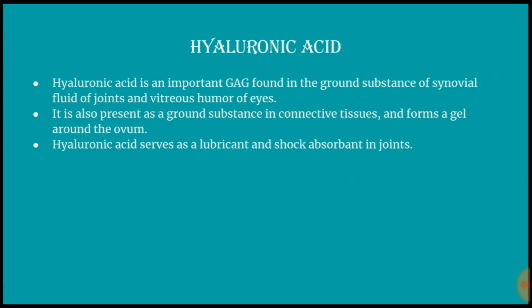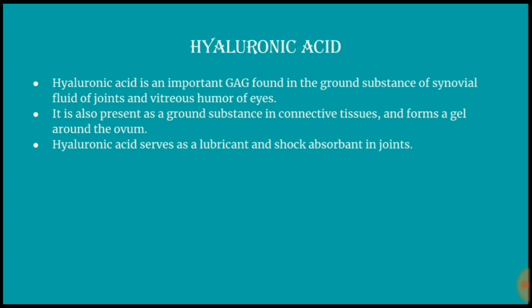Moving to the hyaluronic acid. So hyaluronic acid is an important GAG and it is found in the ground substance of the synovial fluid of joints and the vitreous humor of eyes. So it is found in the joints. So you have heard of synovial fluids in between the joints. These keep the joints in perfect motion and they do not cause rubbing of the two bones.